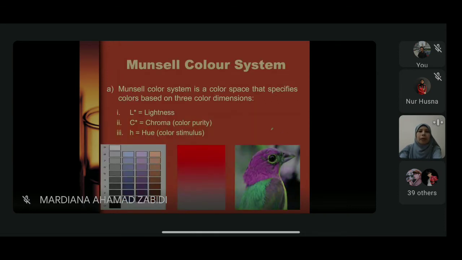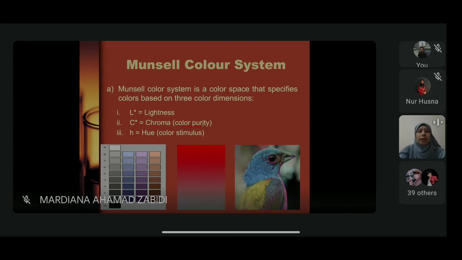Alright, now we move on to the Munsell color system. So the Munsell color system is a color space that specifies color based on 3 color dimensions. In terms of lightness, lightness is the same as before, whether it is black or white. And then chroma, chroma is the color purity.